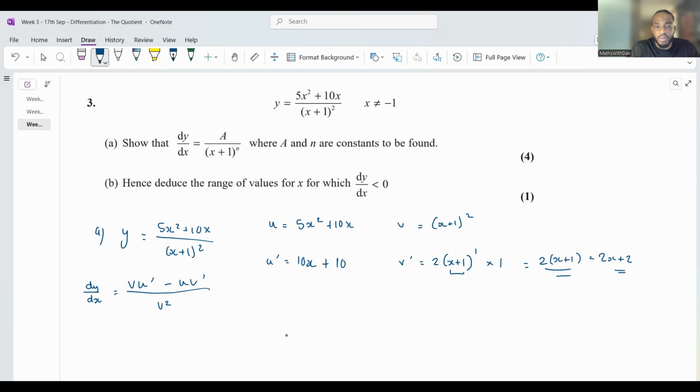Anyways, so we've got everything that we need, don't we? So what do we have here? Remember, v u dash is going to be that one times that one, minus that one times one of these two, whatever form you want to use.